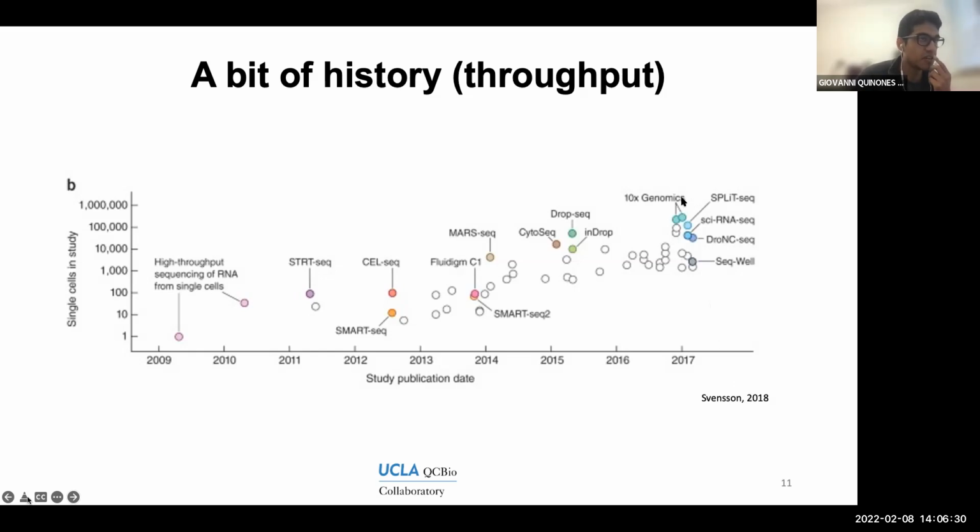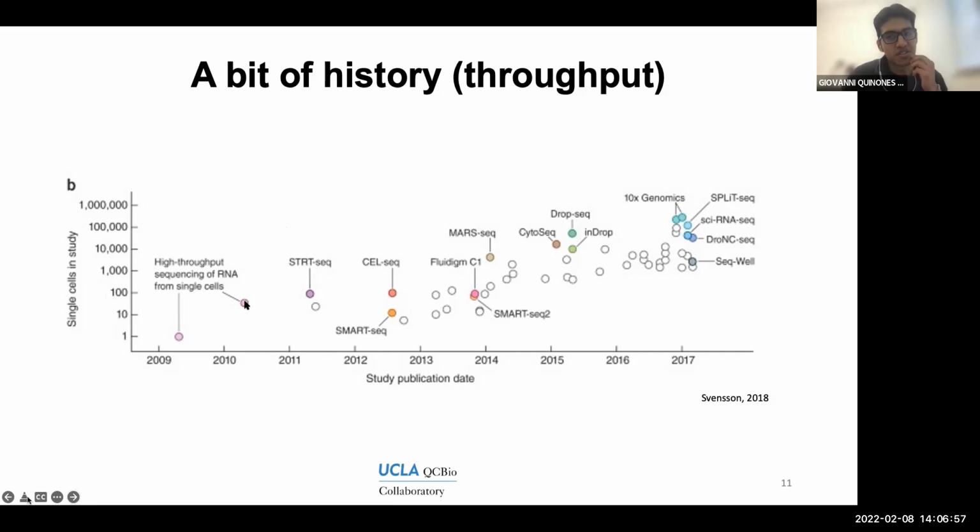Actually, later on, using 10x Genomics, people were able to pass the 1 million mark, sequencing over a million, I believe 1,300,000 cells. So you can see this very steady increase in throughput, in the number of cells that we're able to obtain signal from.